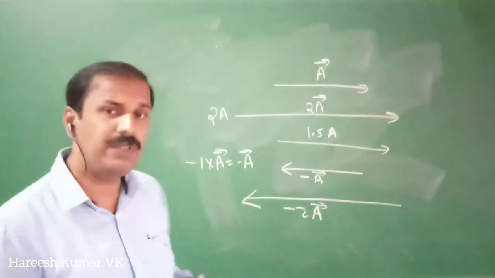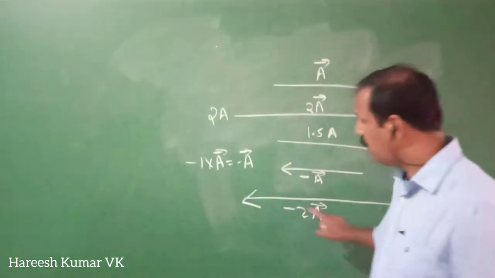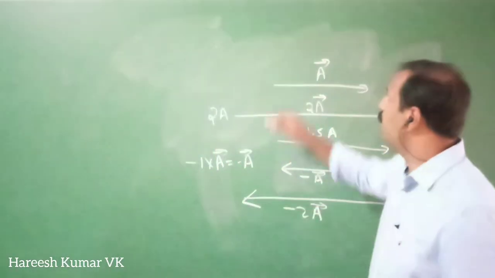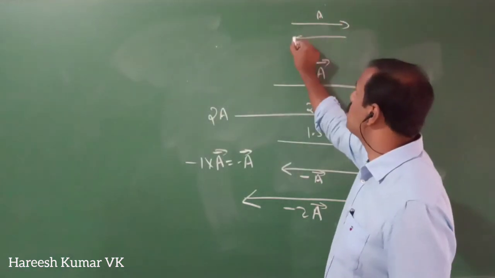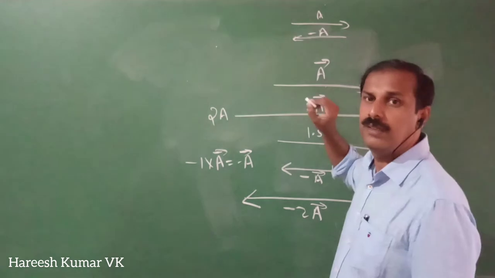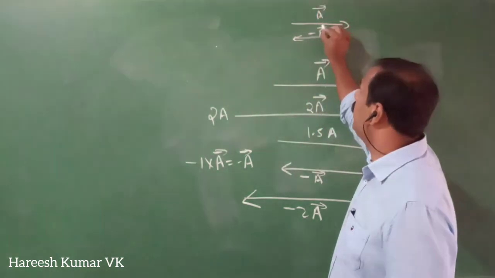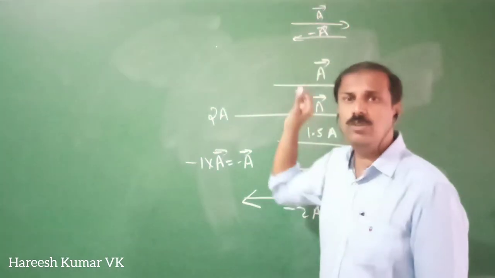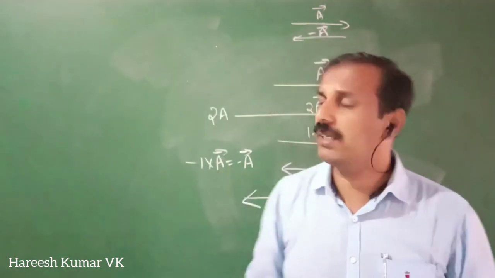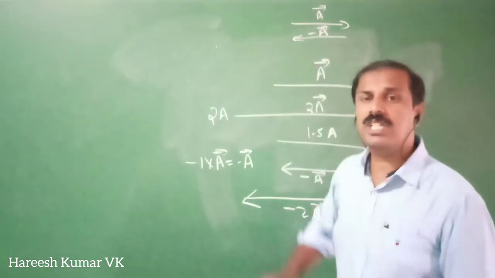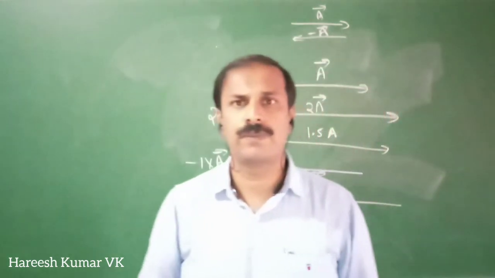When you are multiplying with a negative number, what will happen? Its direction will be opposite. That is, if your A is this one, then minus A is this one. So when you make it negative, you change the direction. That is very, very important. When a vector becomes negative, its direction changes.